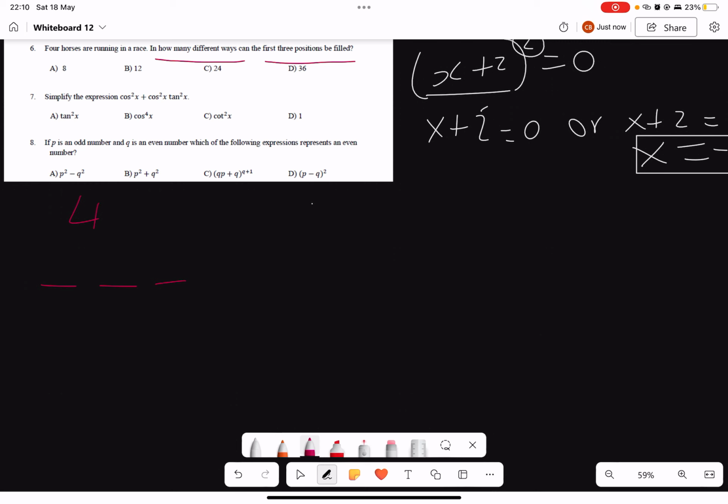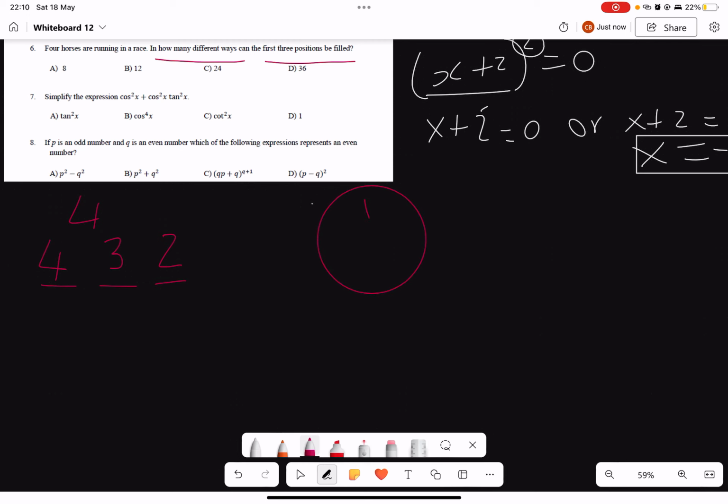Okay. So the first position, all the 4 horses have equal chances. So the first position can be filled by 4 horses. But now that there's 1 horse short, here they can be filled by 3 horses. And then here it can be filled by 2 horses. Do you get it? Think of it this way.